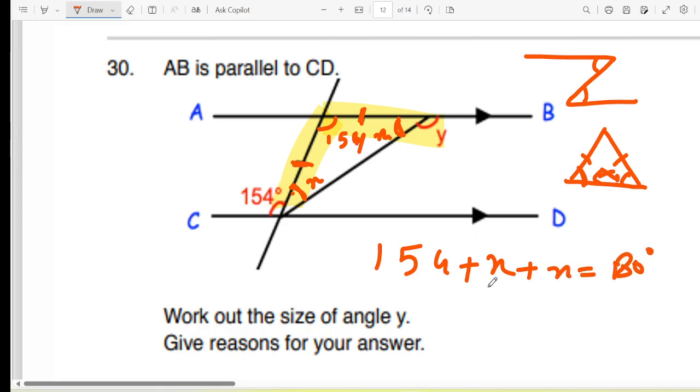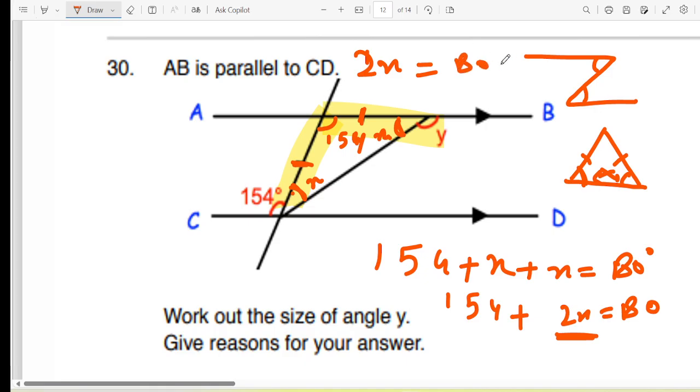So if I add them, this is 154, x plus x is 2x, 180. So I would subtract this 154 from 180. This side I'll be left with 2x. 180 minus 154, right? And then I divide this by 2, and that's how I get x.